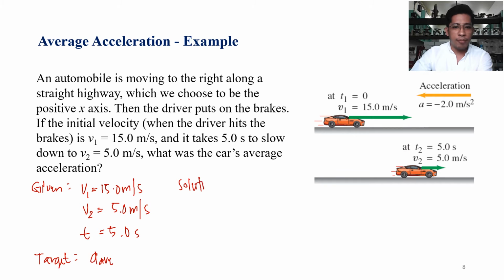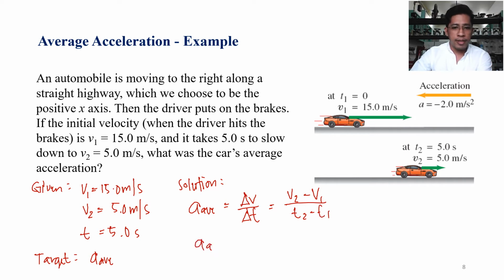Now let us solve the problem. You know now that the average acceleration is equal to your delta v over your delta t, which is equal to your v2 minus v1 over your t2 minus t1.